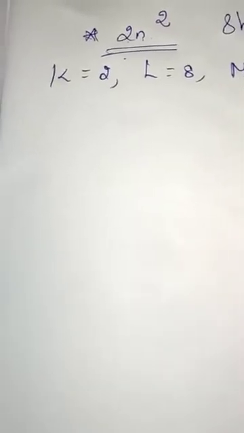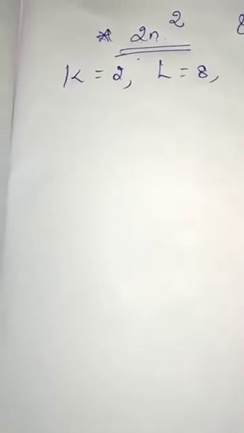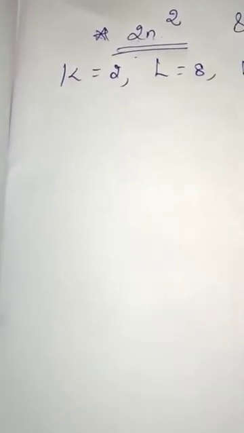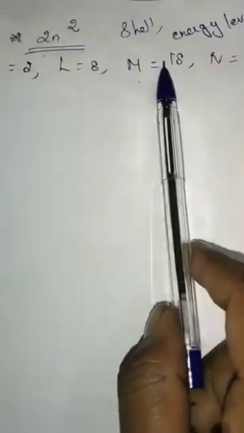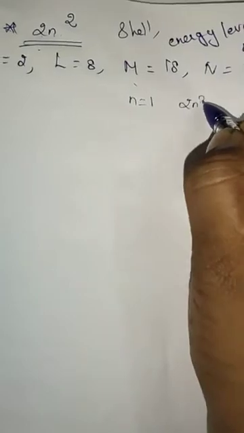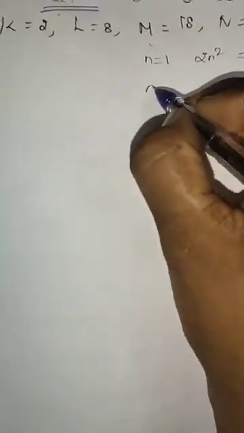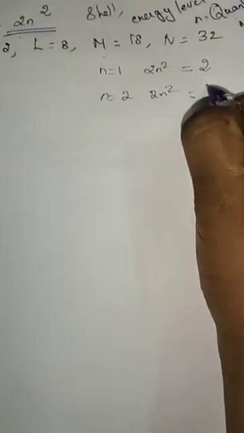Now, how many electrons can each orbit hold? It is given by the formula 2n square. The shells are K, L, M, N. For the first energy level, n equals 1, so 2n square gives 2 for K. For n equals 2, the formula gives 8.